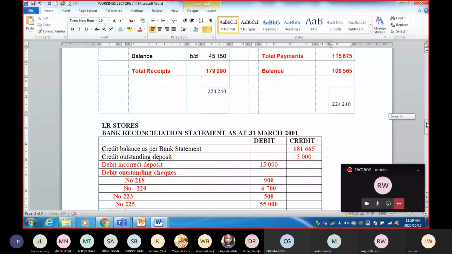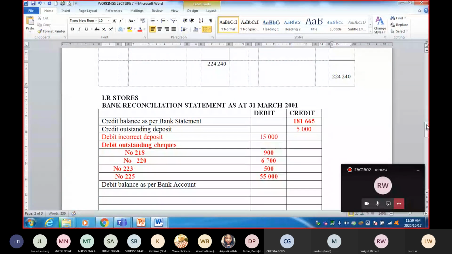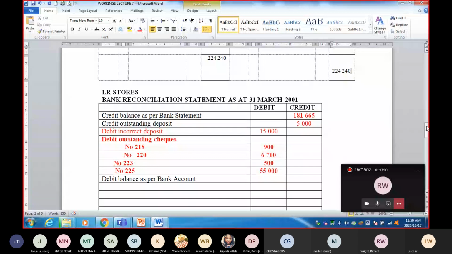The last step in your bank reconciliation process is where you take the balance now in your bank account and you transfer that now to your reconciliation statement. The debit balance as per bank account is now 108,565. That is the debit balance as per bank statement.